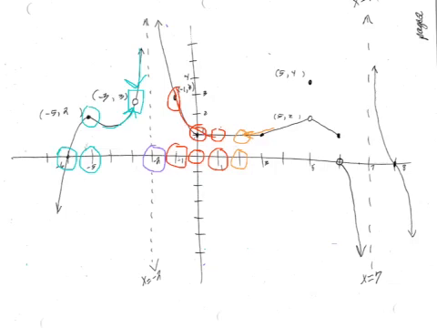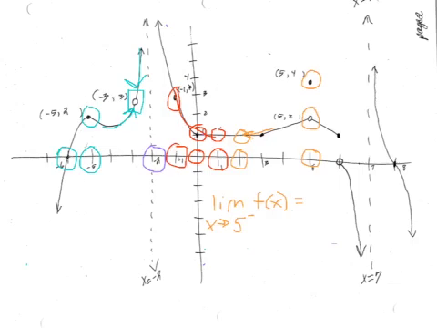Now let's find the limit as x approaches 5 from the negative side. As we are approaching 5, we notice that at the x value 5, we have a hole at 2, and then we have a coordinate at 4.